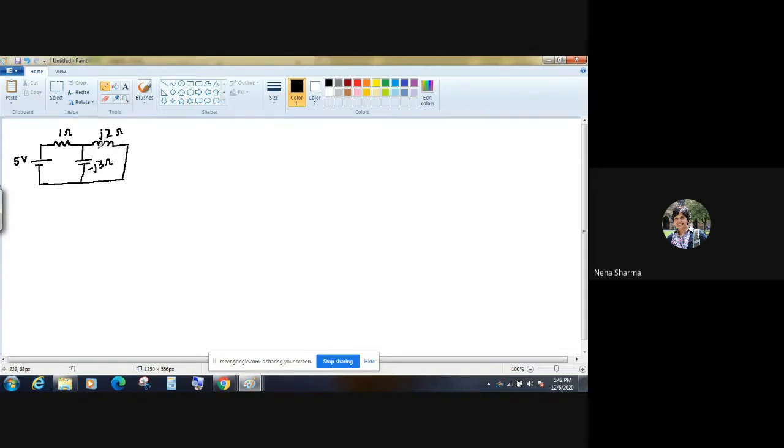Let's try to solve it using KVL. The first and foremost work is to redraw the circuit in a form like this. So I prefer Z1 here, Z2 here, and I'm using this as Z3.